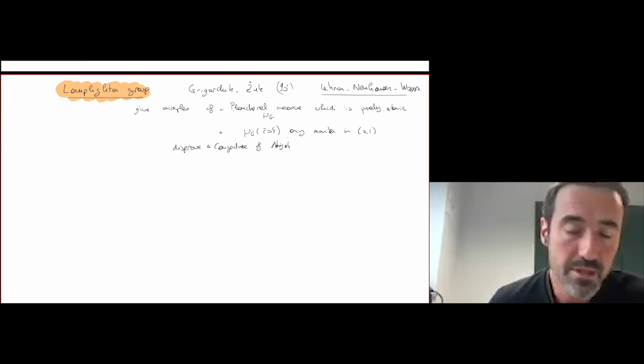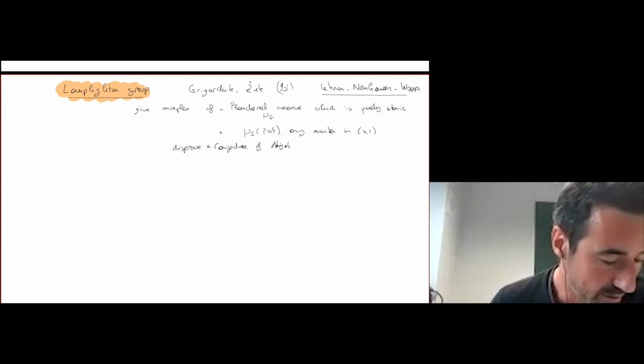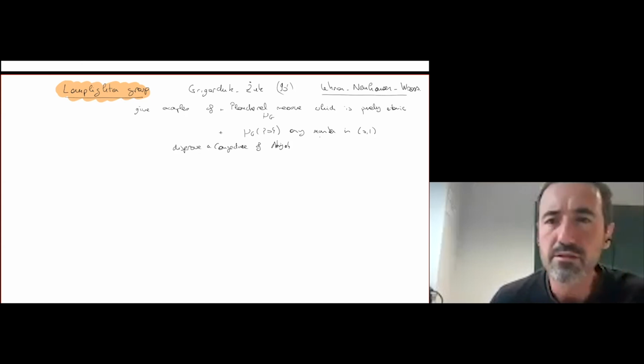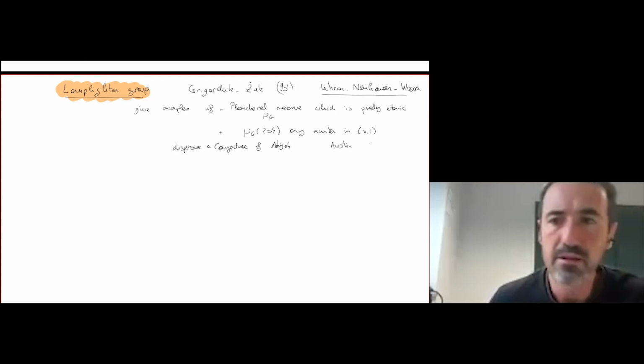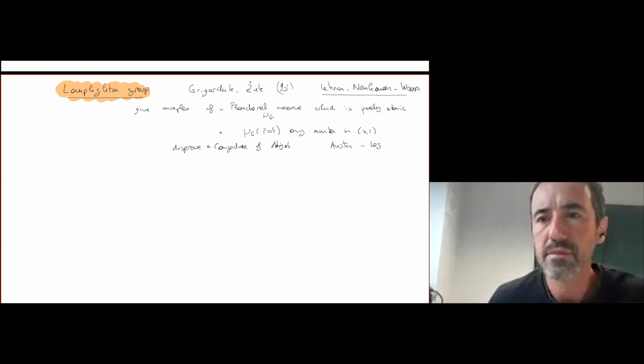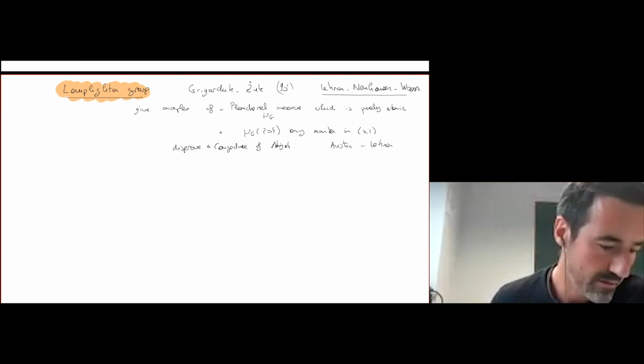Okay, but in fact, it can be even transcendental numbers. Okay, so this result is due to Austin and also Lehner and Wagner.